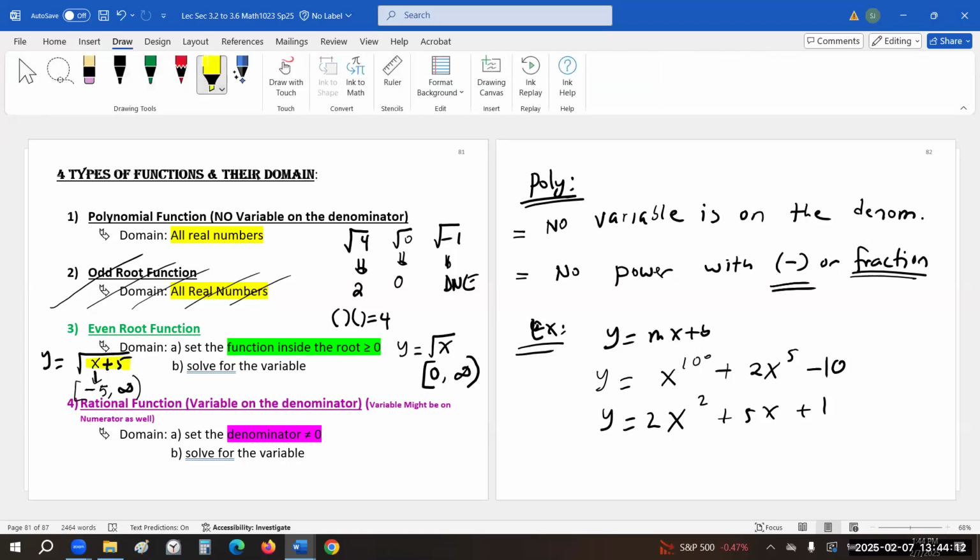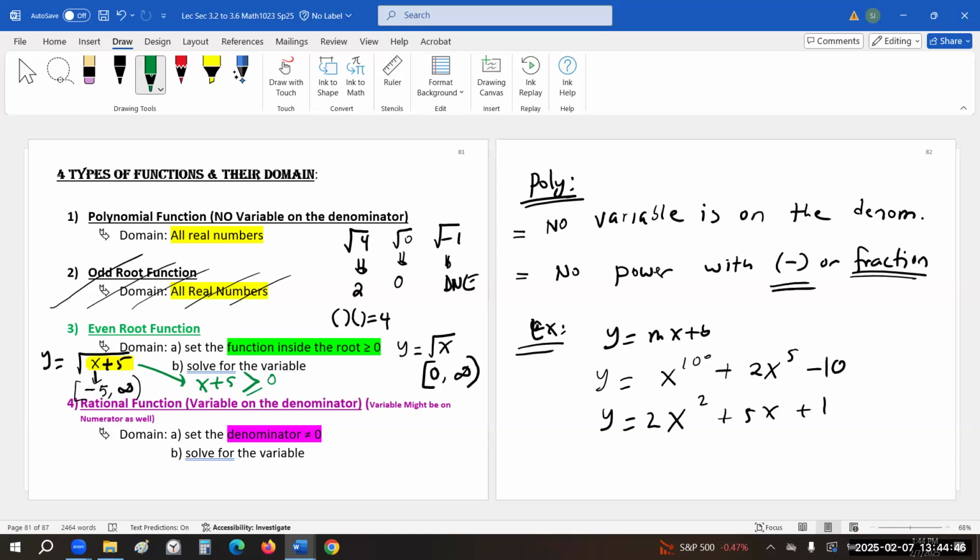We take whatever function you have inside, x plus 5, and we say, well, this function can be bigger than 0, or it can be equal to 0. So that function can be 0 or positive, and then solve for x there. See what is the smallest x value you can plug in here that satisfies this condition.